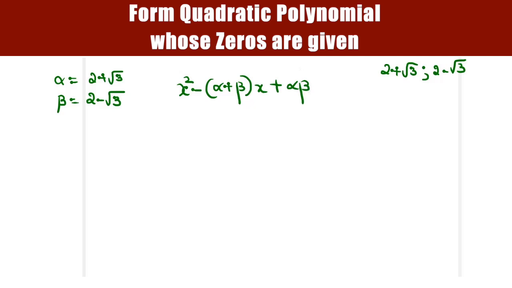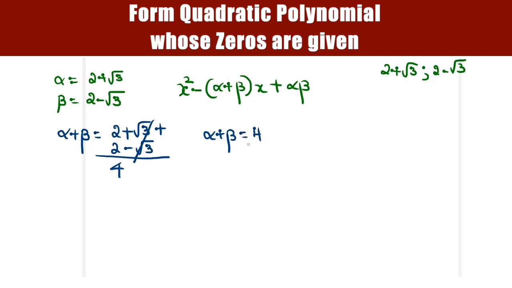So what we're going to do is calculate the value of alpha plus beta and alpha beta and place it in this quadratic equation. So let's calculate alpha plus beta, which is going to be 2 plus root 3 plus 2 minus root 3. When I add, plus root 3 and minus root 3 vanish, 2 plus 2 is 4. So we know that alpha plus beta is equal to 4.